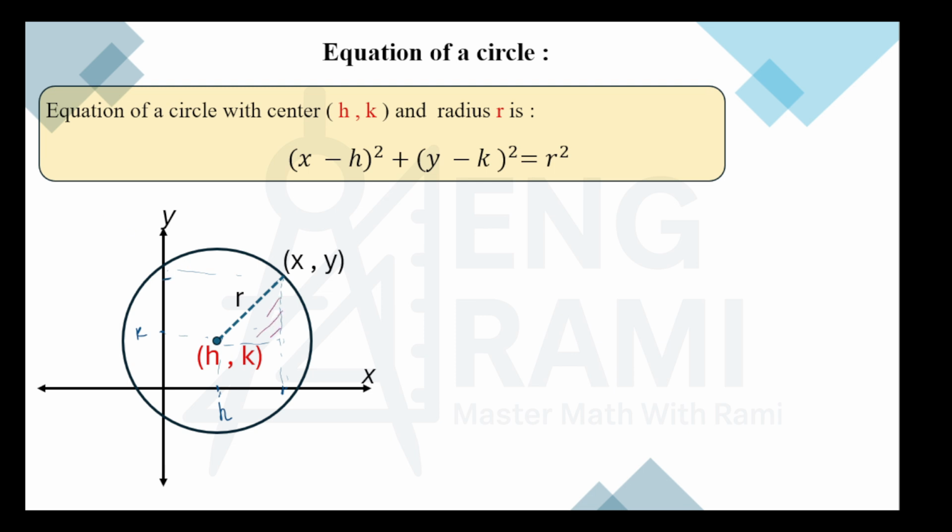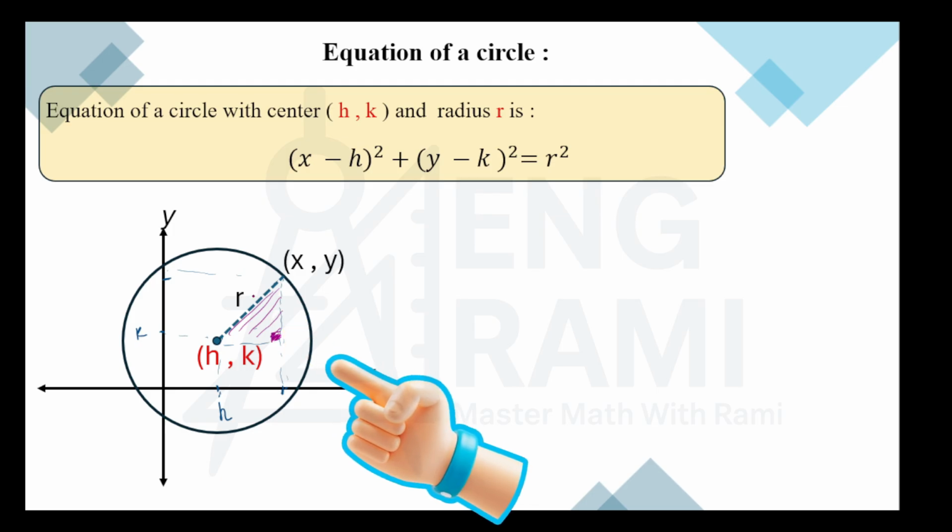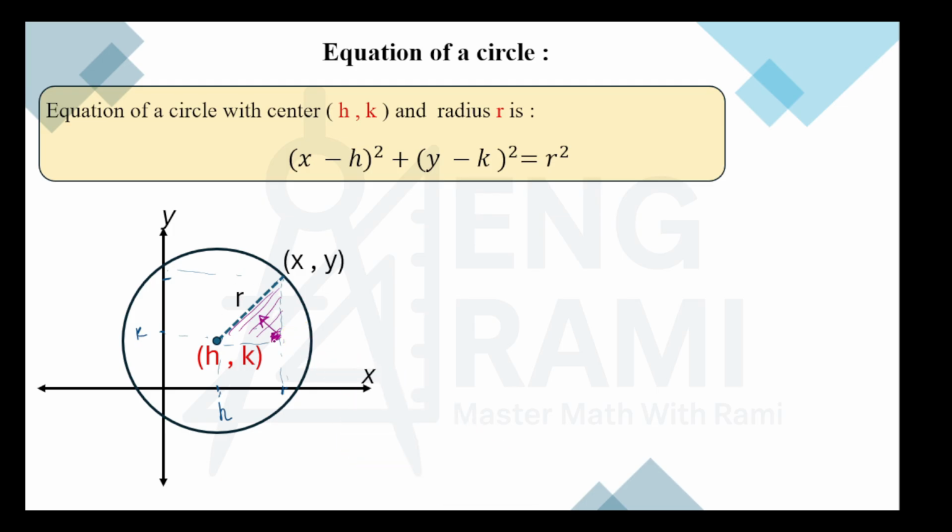We have a right triangle here. This is a right triangle, and this is the hypotenuse, since it is the side opposite the right angle, 90 degrees. From the Pythagorean theorem, we know that the hypotenuse squared equals this side length squared plus this side length squared.